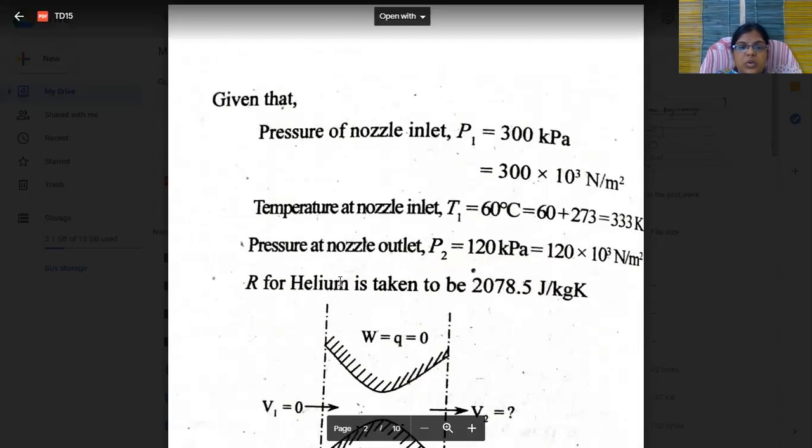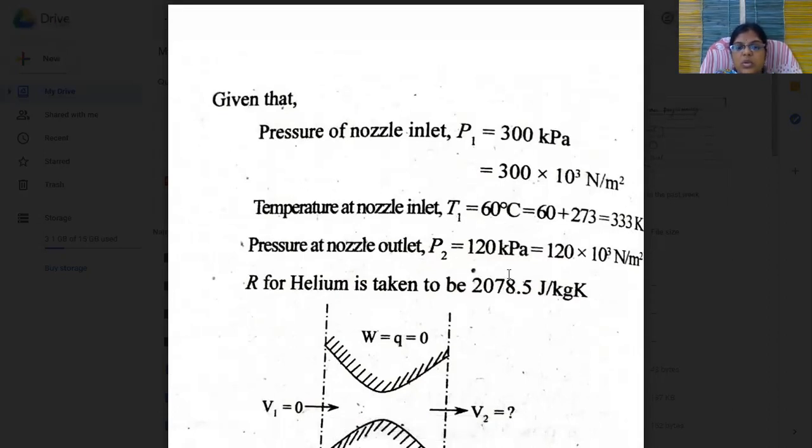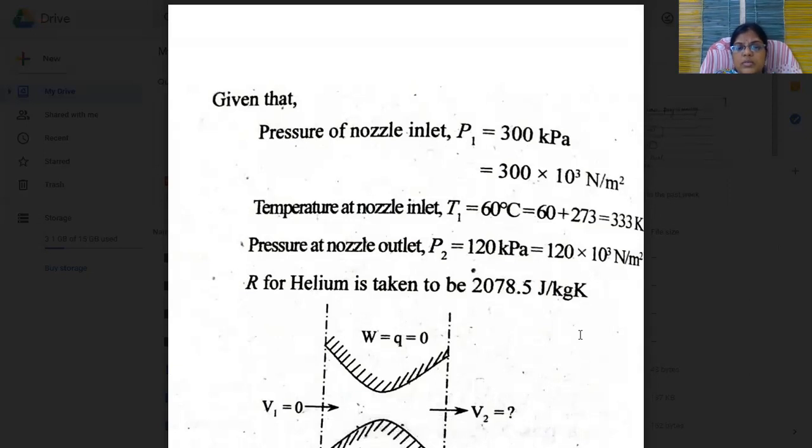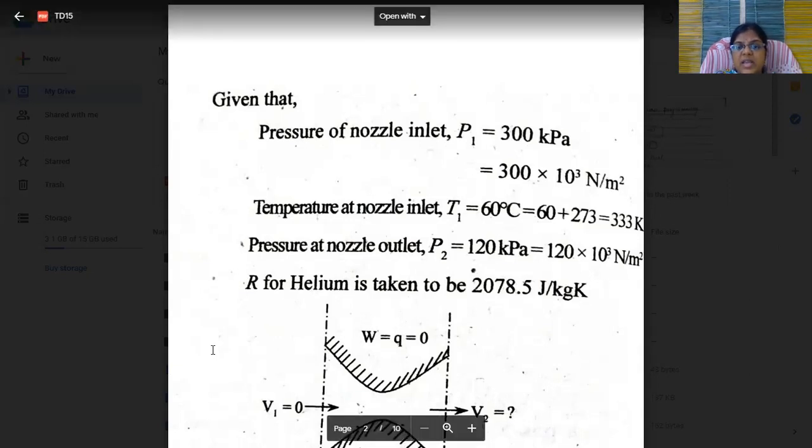Next, pressure at nozzle outlet P2 is equal to 120 kilopascal, that is 120 into 10^3 Newton per meter square. And R for helium is taken to be 2078.5, where R is the characteristic gas constant.